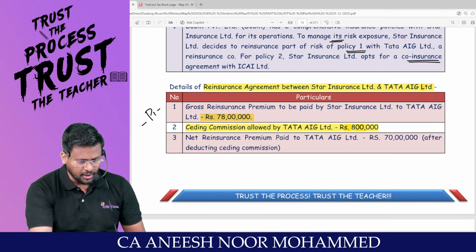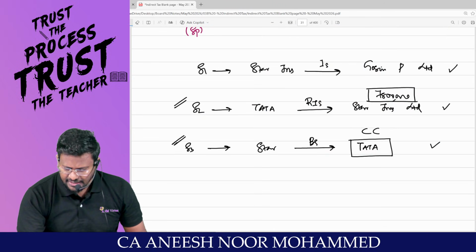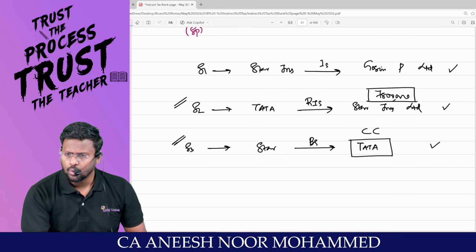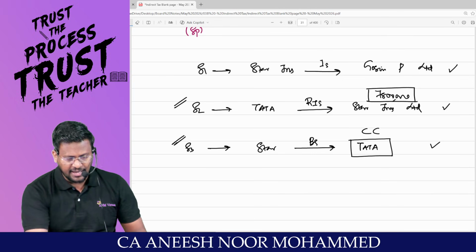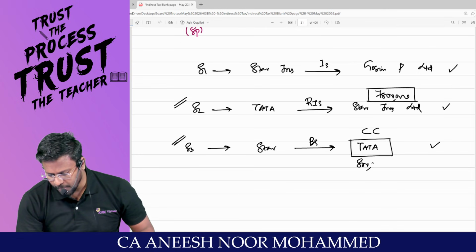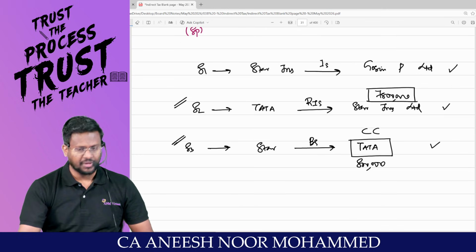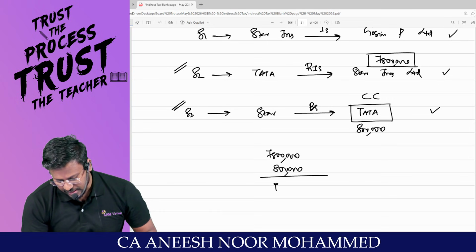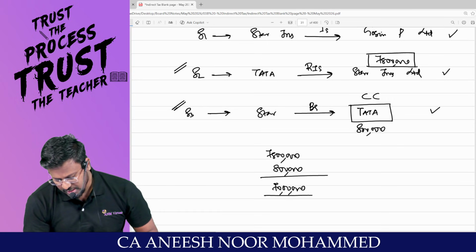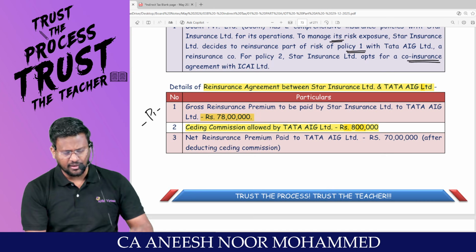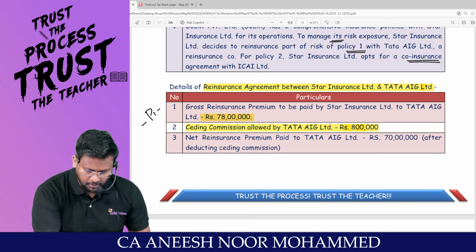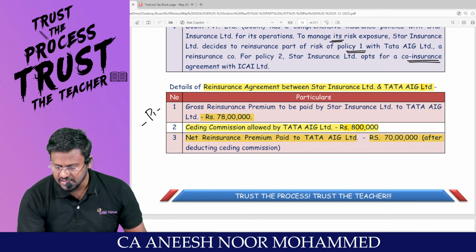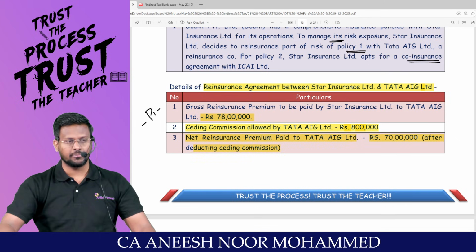So basically 78 lakh is to be paid by Star to Tata, whereas 8 lakh rupees is to be paid by Tata to Star. Am I right? Can we net it off? So 78 lakh minus how much? 8 lakh. What is the net amount? 70 lakh. What they are trying to say? Net reinsurance premium paid to Tata is 70 lakh after deducting ceding commission.